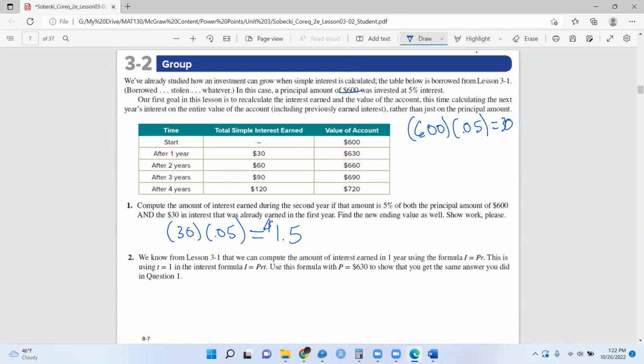So if we do that, really after 2 years, we would have the $30 we get off of the $600 plus the $1.50 we get off of the $30, and we should be adding $31.50 to the total. So instead of $60, we'd get $61.50, and the new ending value would be $661.50.